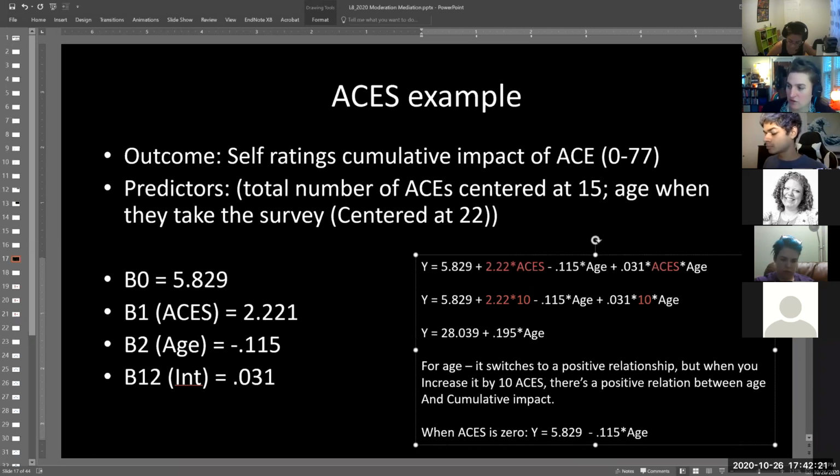So here is the first line I would plot. It would cross the y-axis at 5, and then it would go down with age. As age goes up, the expected score on y goes down. And here's the other one, when ACEs is 10. Now it's crossing the y-axis at 28, and it's going up from there.